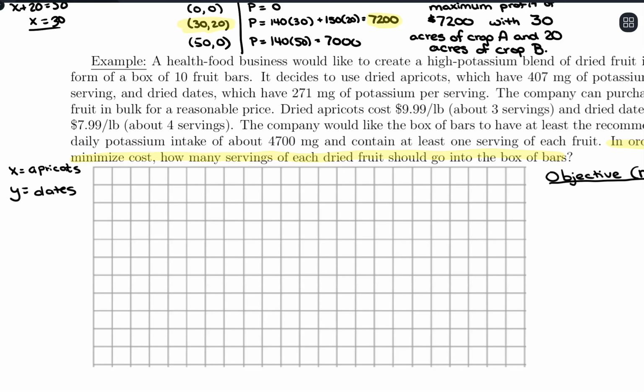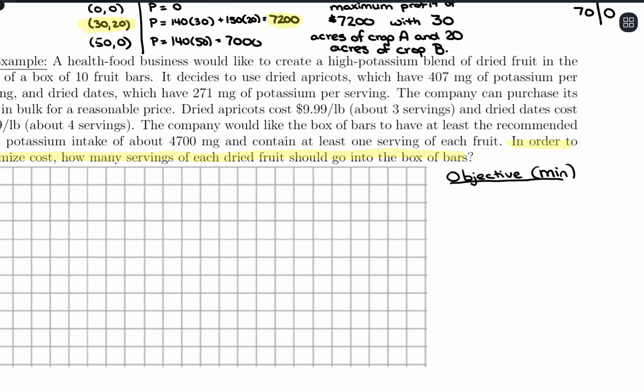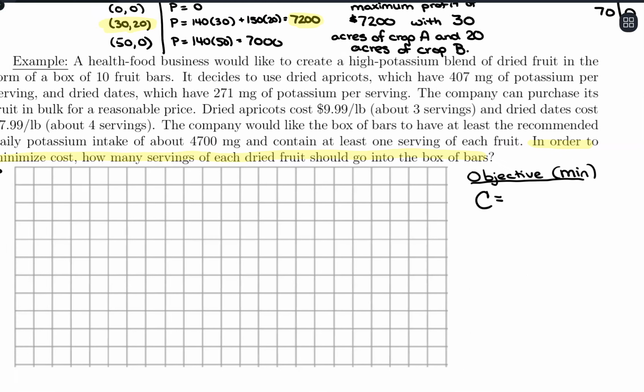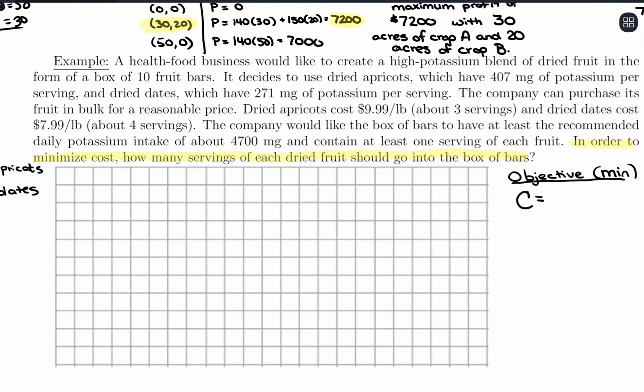We're trying to minimize cost, so for the objective function, let's see where cost comes in. Right here. Dried apricots cost $9.99 per pound, which is about 3 servings, and dried dates cost $7.99 per pound, which is 4 servings.